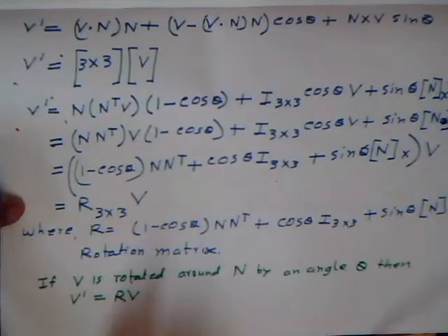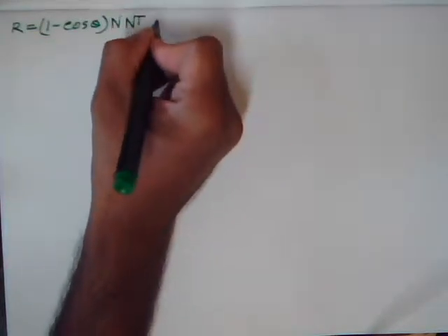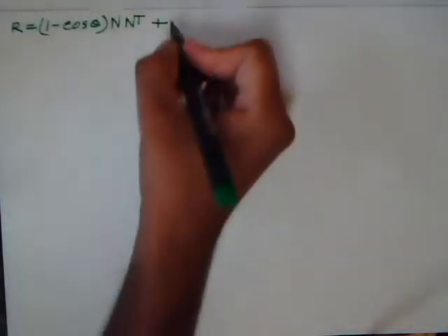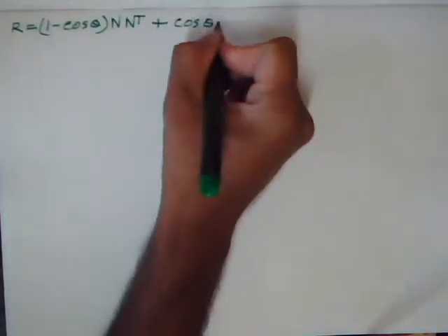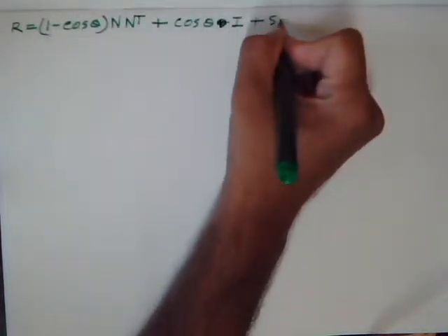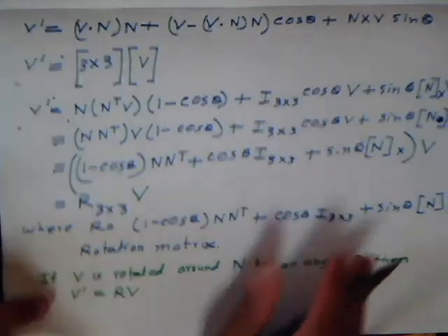R is equal to (1 minus cos theta) times n n transpose plus cos theta times the identity matrix plus sin theta times n cross, the skew-symmetric form of n.